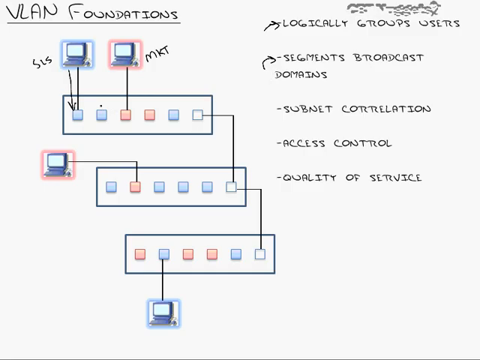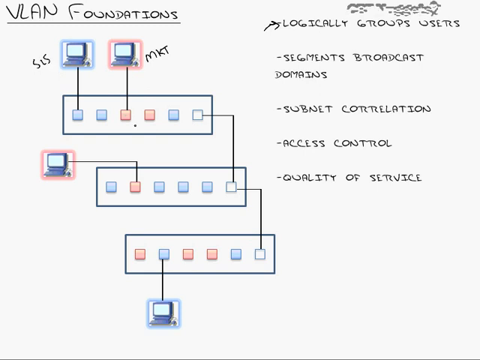So if a sales PC sends a broadcast, it's only going to come out the blue ports. And you can see we've got some blue ports on some other switches as well that will receive the broadcast, and this guy down here gets the broadcast. It does not affect the pink ports, and if the pink computer sends a broadcast, only the pink PCs will end up receiving that. So you completely isolate the broadcast domains into two separate groups.